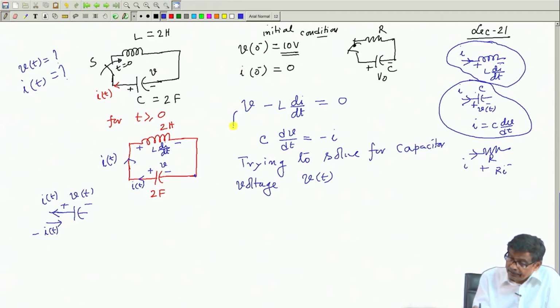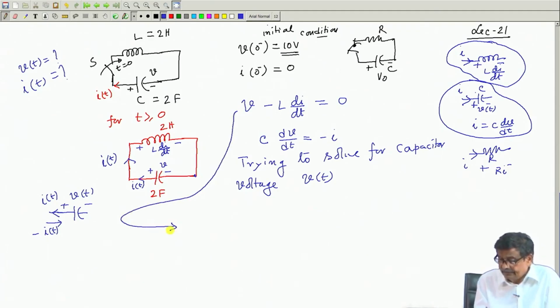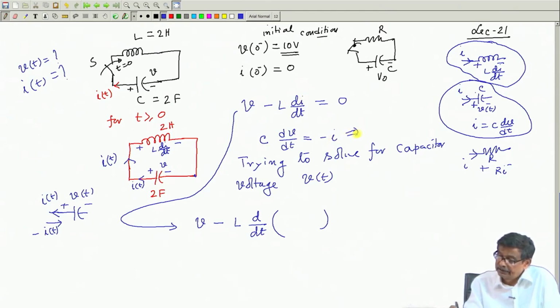So, from this equation I will write V minus L d/dt into I, and I is minus C dV/dt, which means that I is equal to minus C dV/dt.